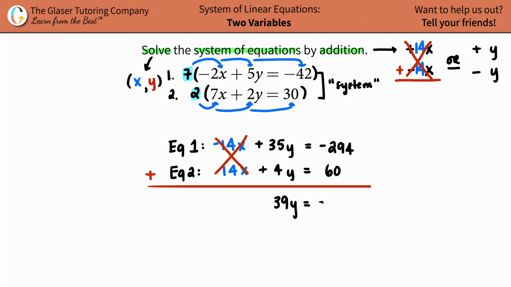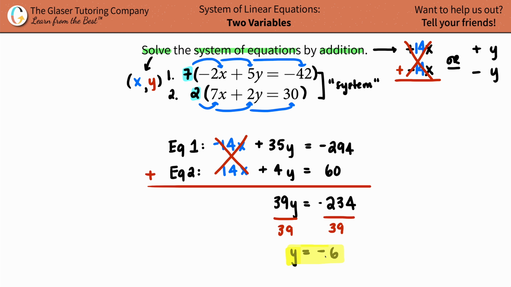So that would be negative 234. And then last thing we got to do is just divide by 39 on both sides. And y equals negative 6. Okay, one piece of the puzzle already down.